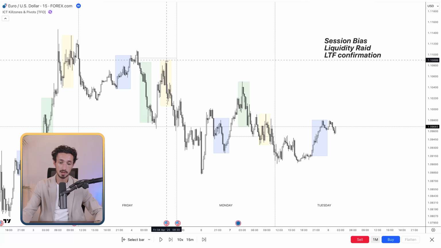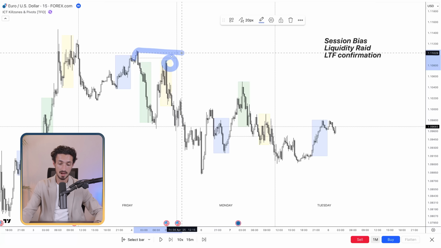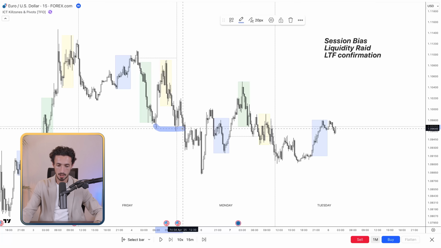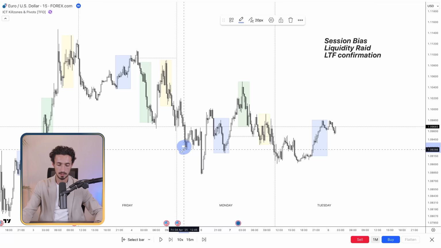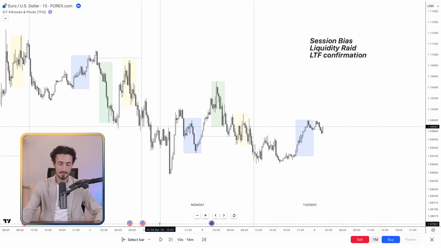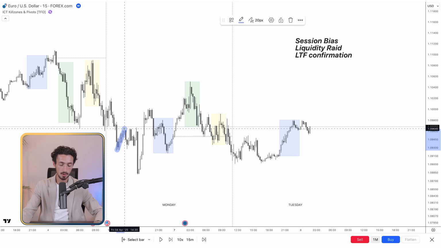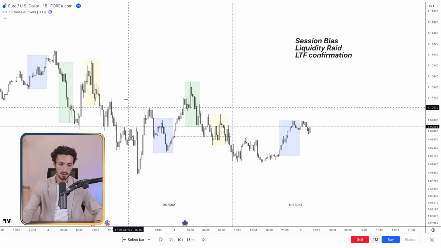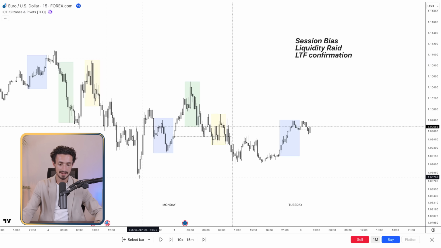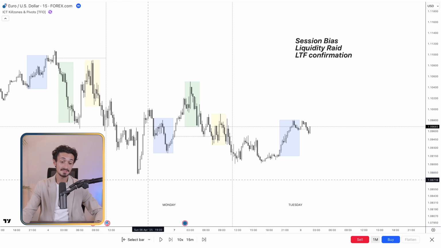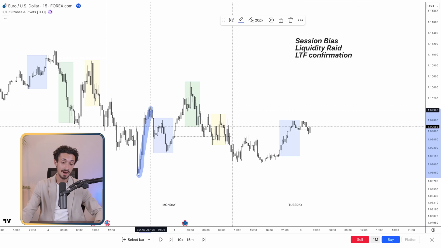Then you can see we pull up, we respect this high, then we put in a new low. So now we have a lower low. Again, still bearish. Then we put in a lower high. So this high is lower than this previous high, and then a new lower low. After that, we actually put in a higher high.